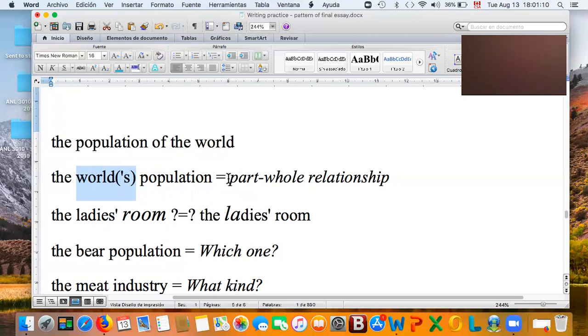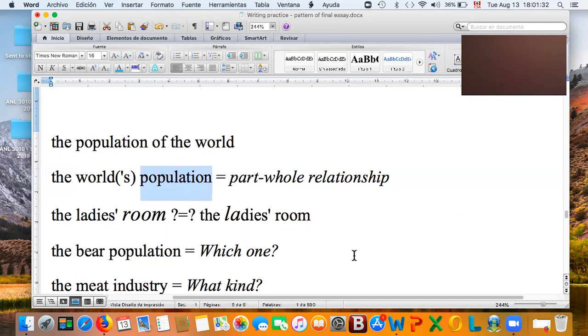It's a part-whole relationship. This here is not a part-whole relationship. This is like a definitory relationship. So that's how this word world or worlds is treated as an adjective or a modifier of population.